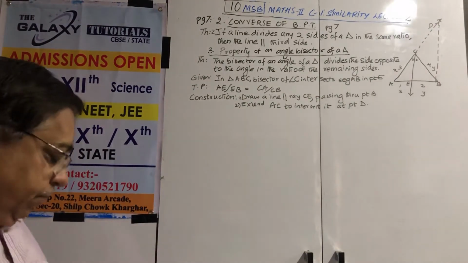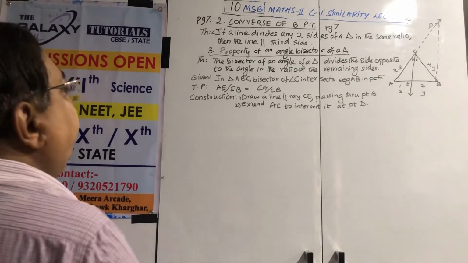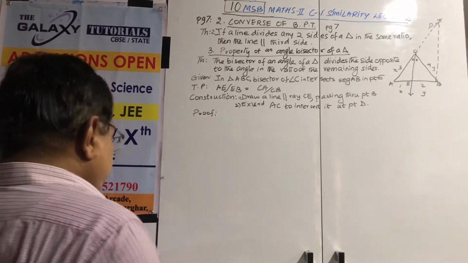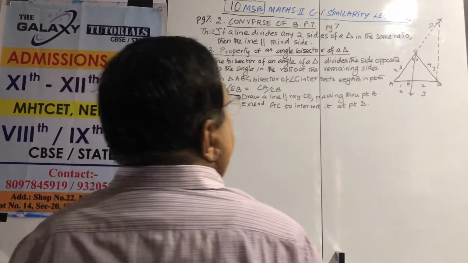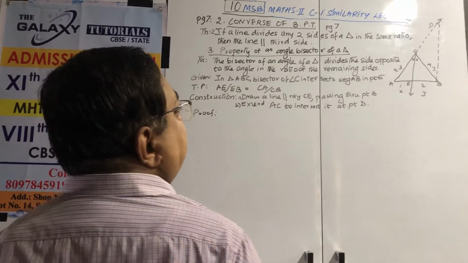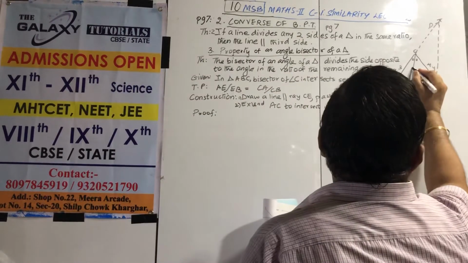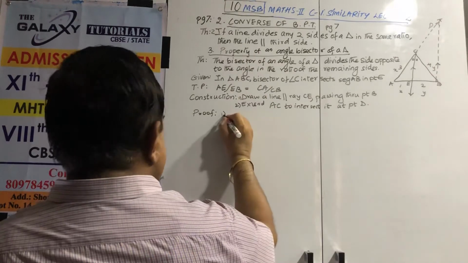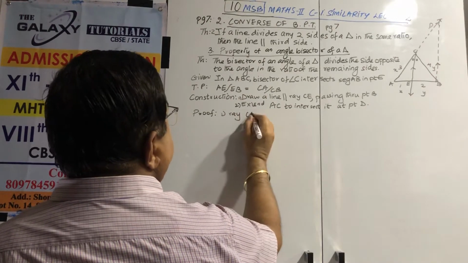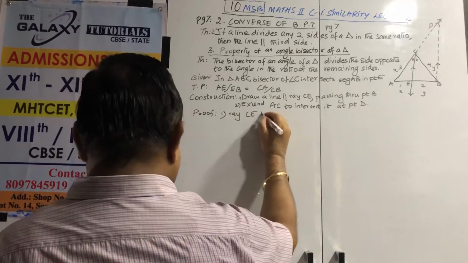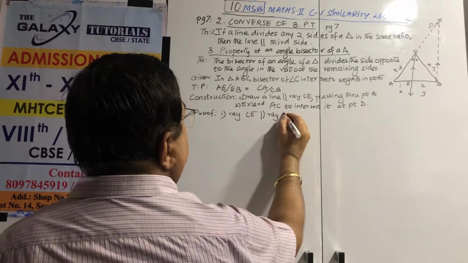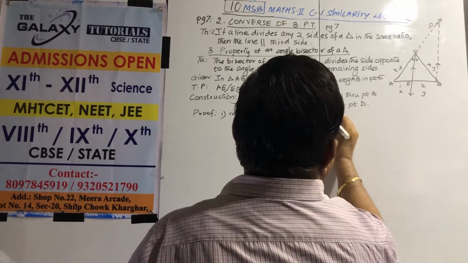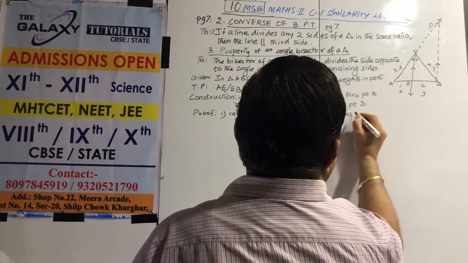Okay. Then we will go for the proof. We will prove the following now. You can see clearly in our diagram, because of our constructions, we have got these parallels. First, ray CE is parallel to ray BD and AD is the transversal.